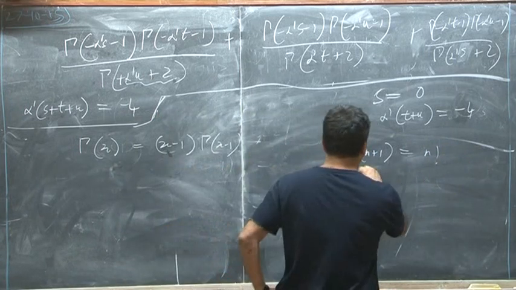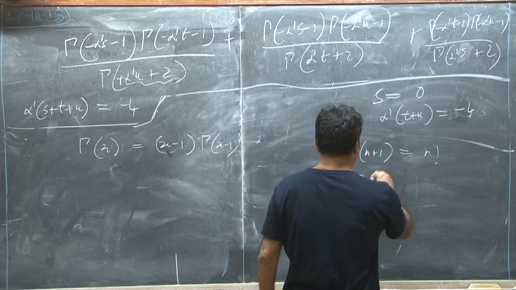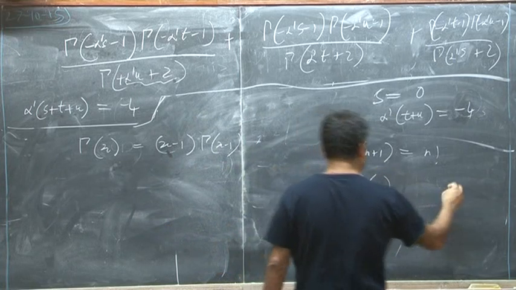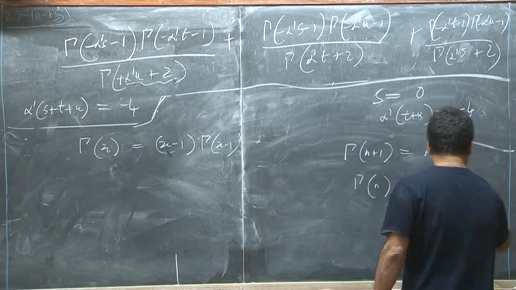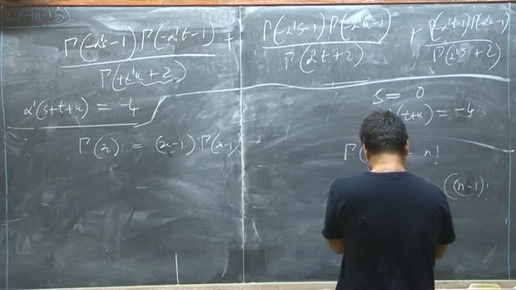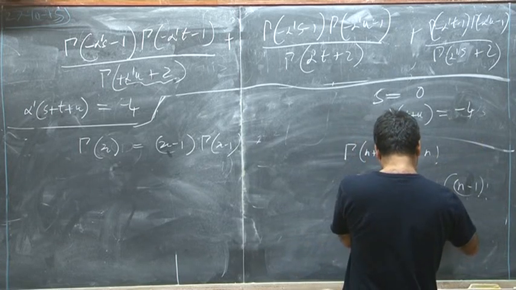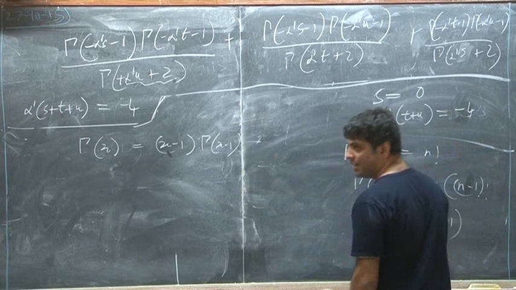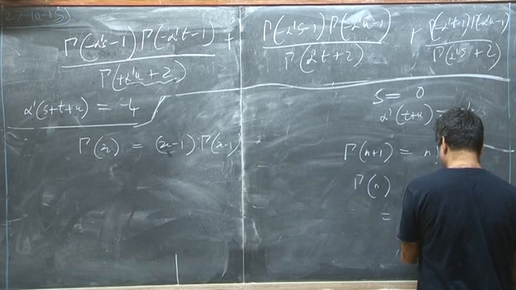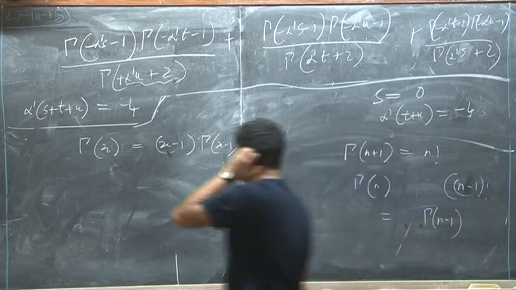So gamma of n, which is secretly n minus 1 factorial, is equal to n minus 1 into gamma of n minus 1. Correct, so this is right.